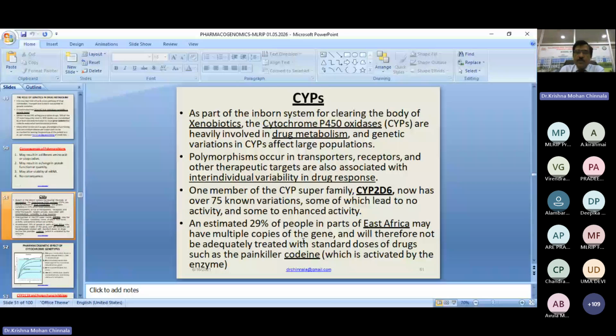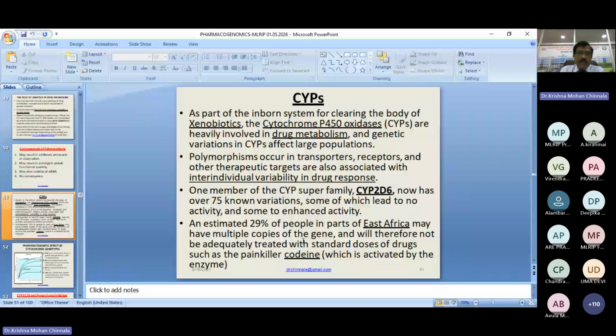One member of the CYP superfamily, CYP2D6, now has over 75 known variations. See, 75 known variations means it will alter the effect of the drug in 75 ways. Okay, we don't know the net result or the consequence, we already discussed. Some of which lead to no activity and some to enhanced activity.